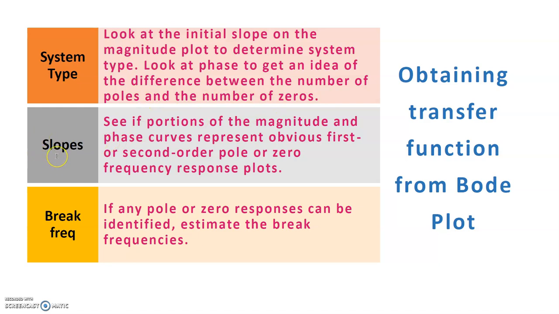The second one is based on slopes: the magnitude and phase curve represent a first order or second order pole or zero in the frequency response plot. The last one is the break frequency, to determine the pole and zero from the transfer function by estimating the break frequency.